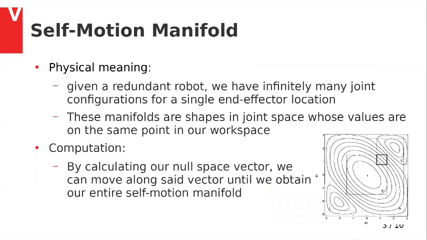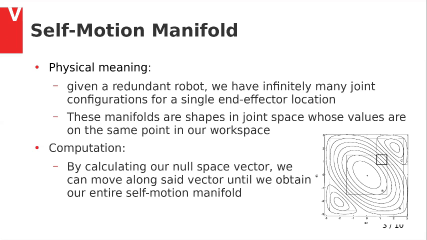Now, our first main concept here, we're looking at this self-motion manifold. This is essentially a shape in joint space where at any point along this shape, we are staying on the same exact end effector location. So even though we change our configuration in general, we aren't moving at the very end of our arm.